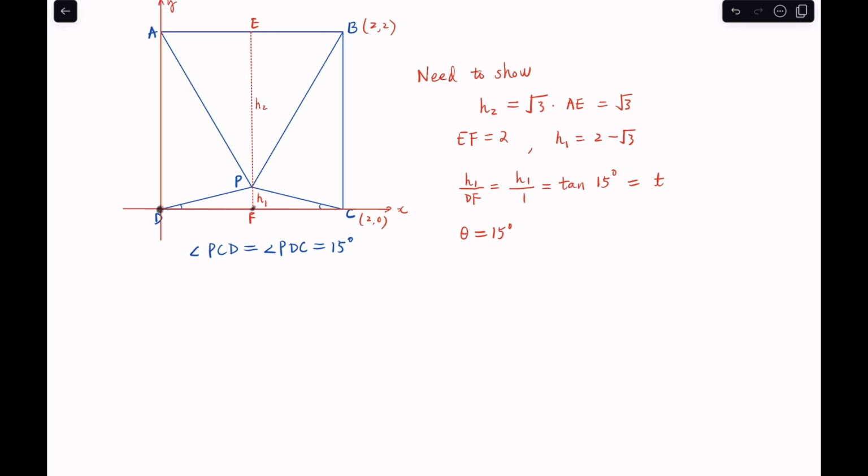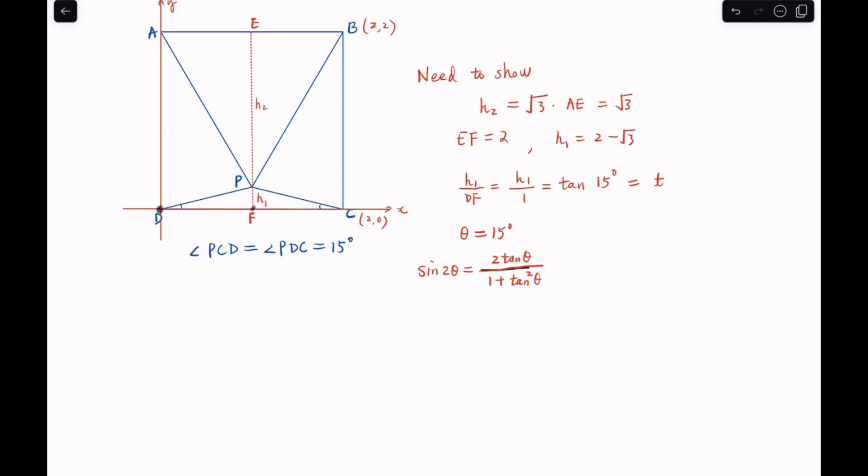The trig identity we're going to introduce is sine 2 theta. The formula that we have is sine 2 theta equals 2 tangent theta over 1 plus tangent theta squared. All right, so that's the trig identity that we're going to use.